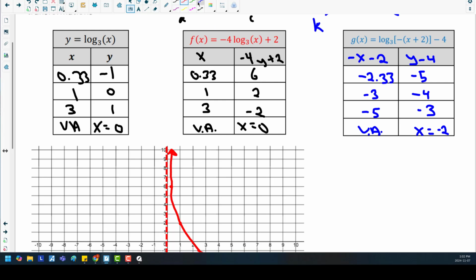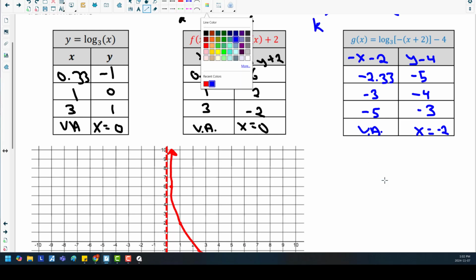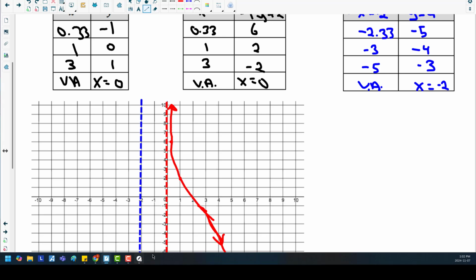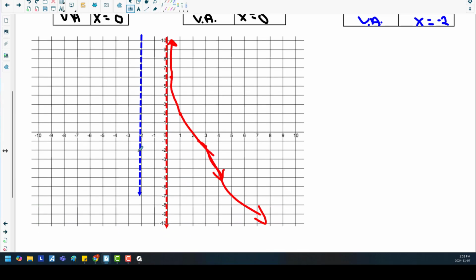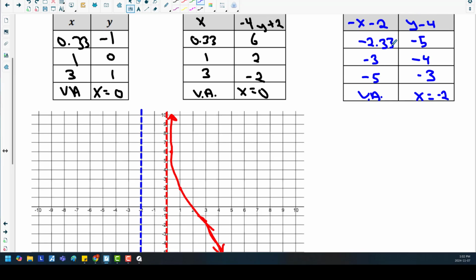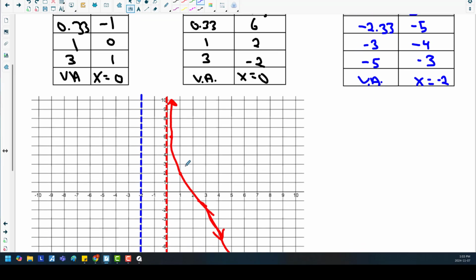As for blue, or g of x, we have our vertical asymptote at x equals -2. So x equals -2 is here. And let's extend that. And let's see, we have -2.33 for my x value and -5 for my y.